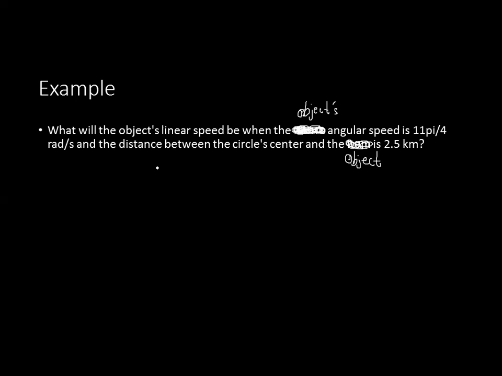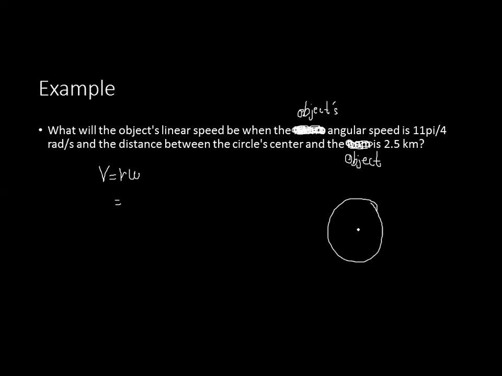So with that, we can now substitute with this formula. So we have V is equal to R times W. Remember, W is the angular speed. Here we have the distance between the circle center and the object is 2.5.